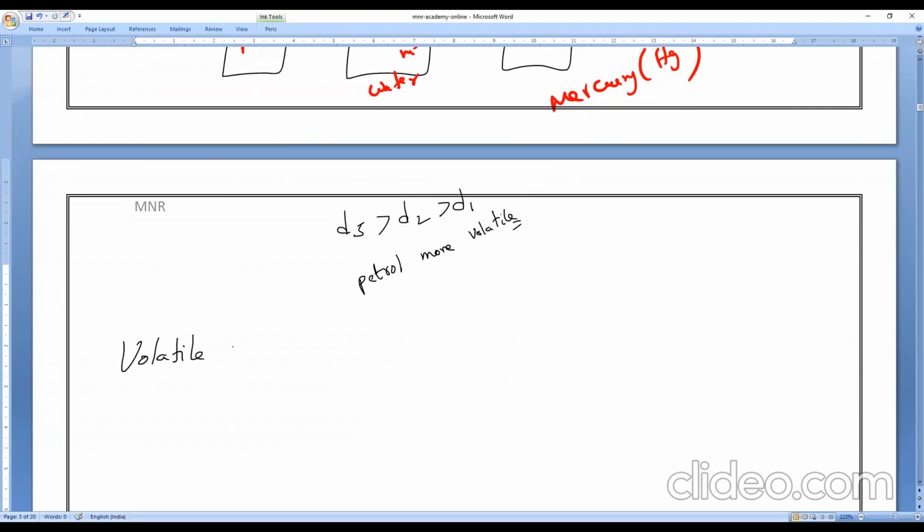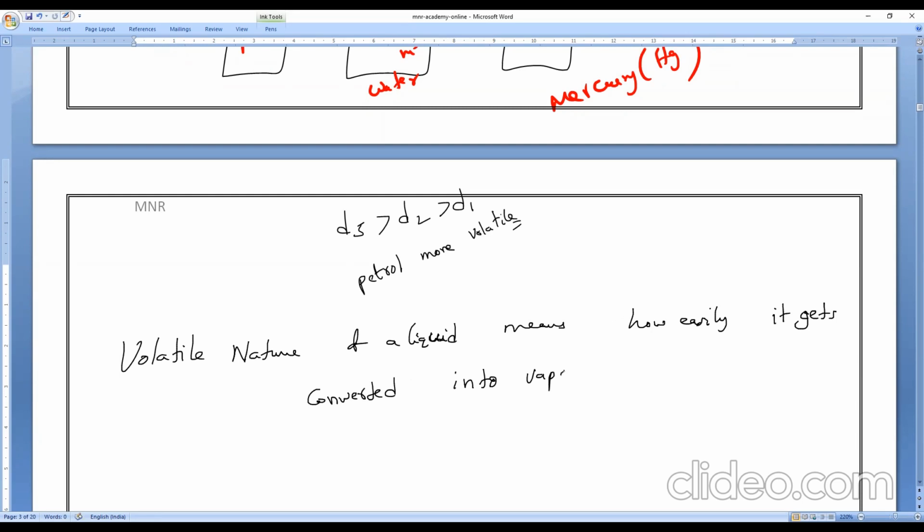So what is the meaning of the volatile nature of a liquid? It tells you how easily it gets converted into what state? Gaseous state, vapor.